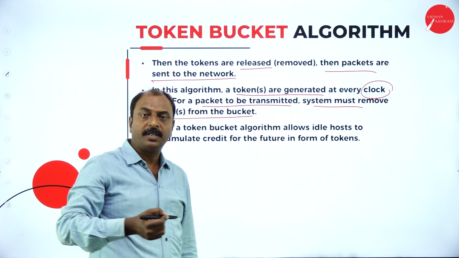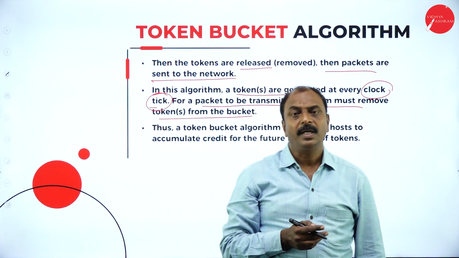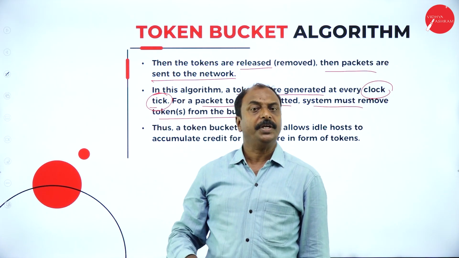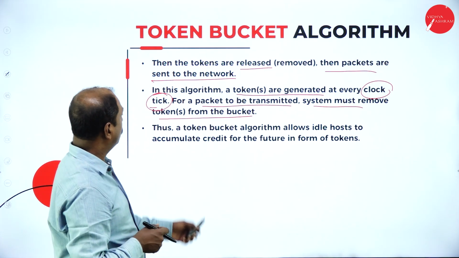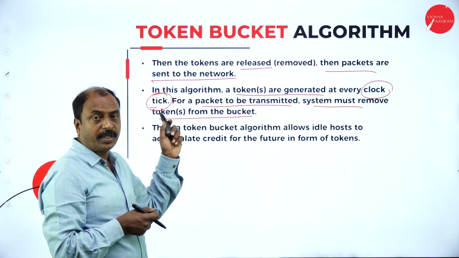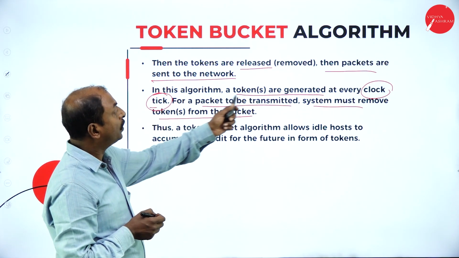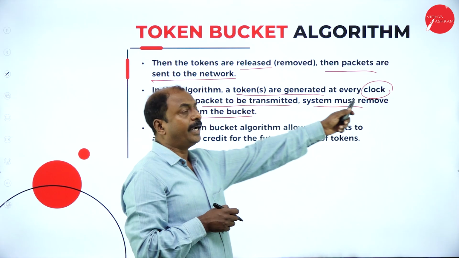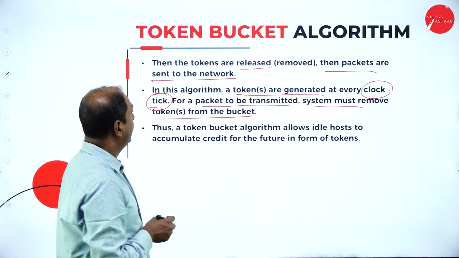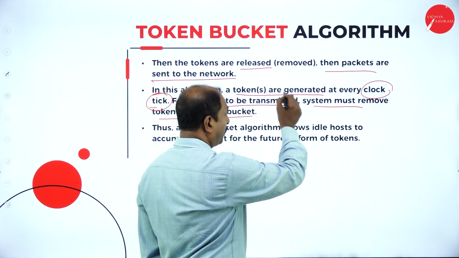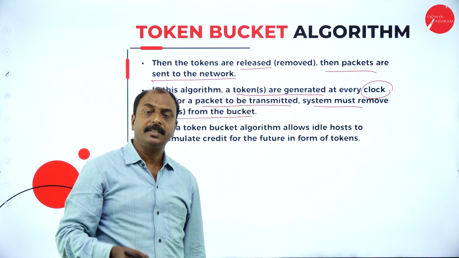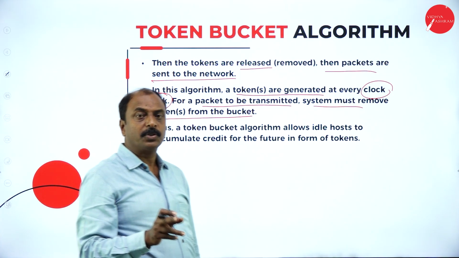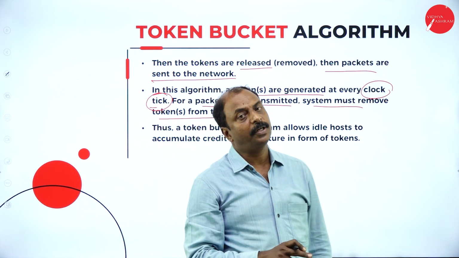As we have seen in the previous leaky bucket algorithm, there is no regulated data flow into the bucket, but here there is regulated control, so that at a regular interval of time tokens are generated and thrown into the bucket. For a data packet to be transmitted in the network, the tokens filled in the bucket have to be removed.